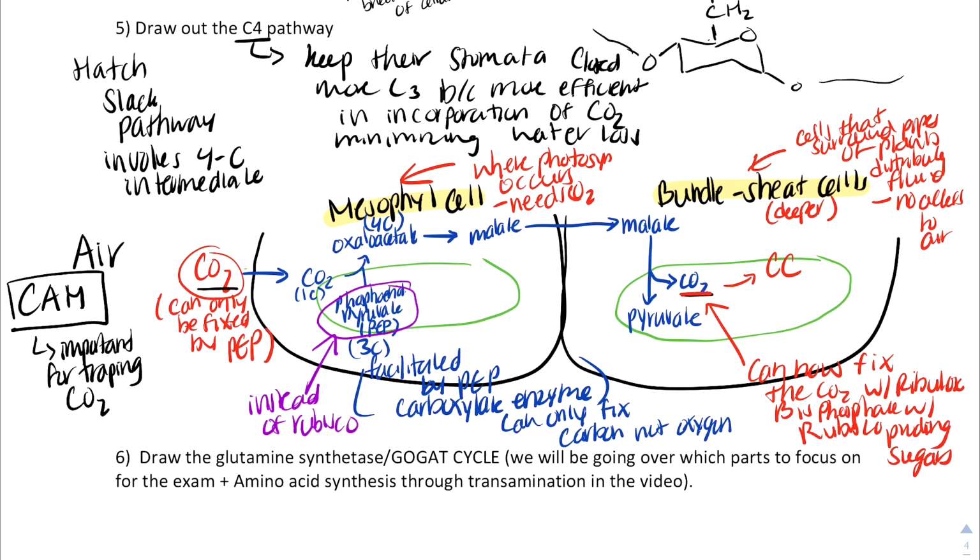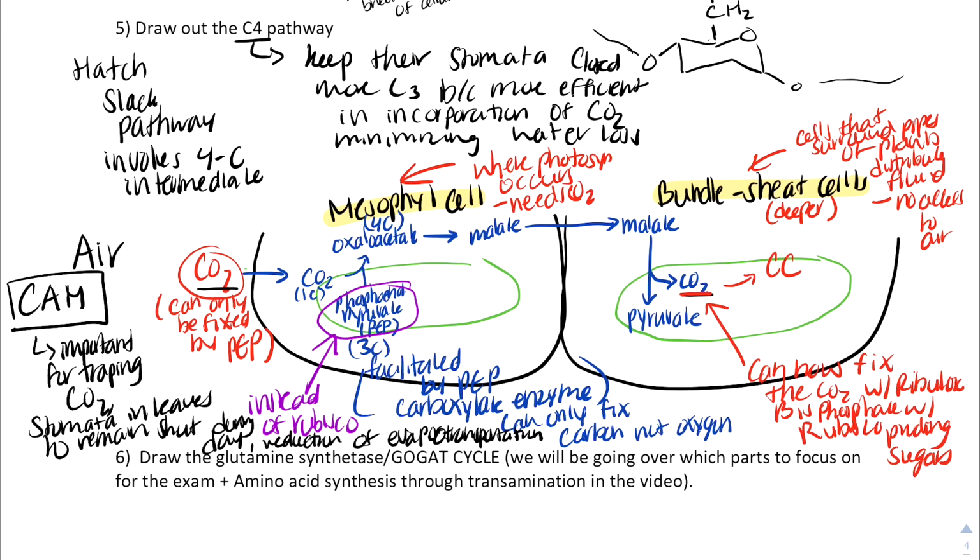So plants using CAM allow the stomata in leaves to remain shut during the day. And this allows the reduction of evapotranspiration.